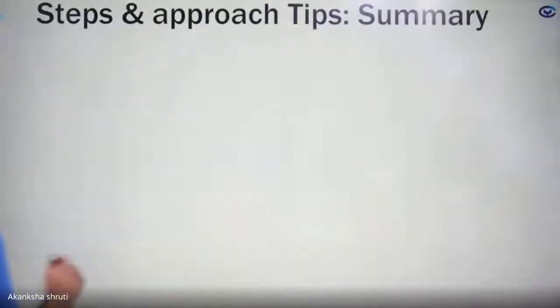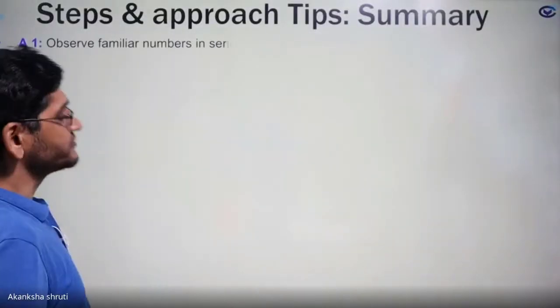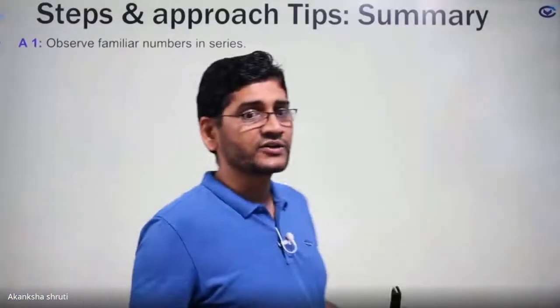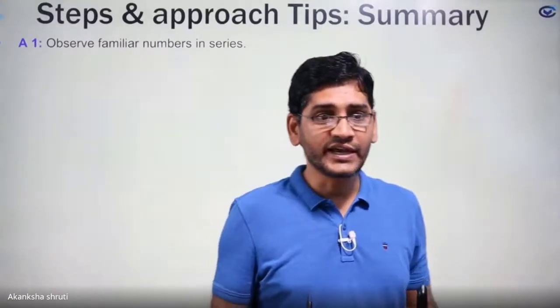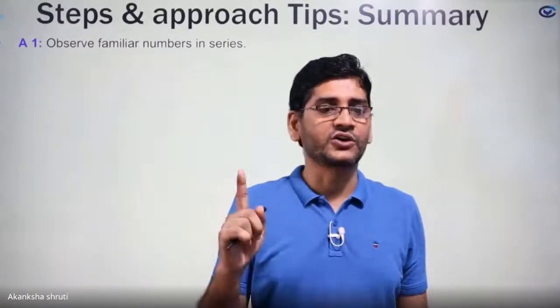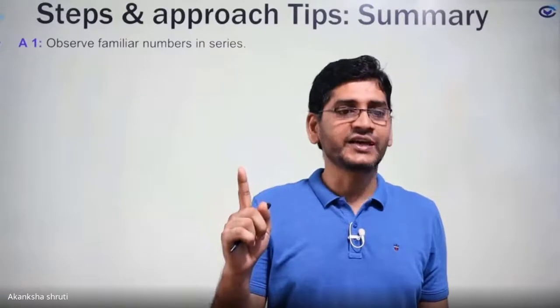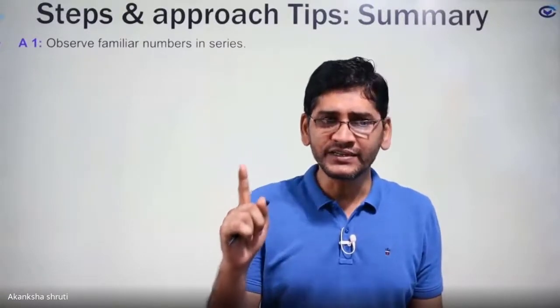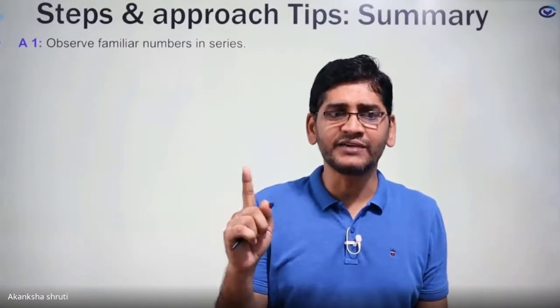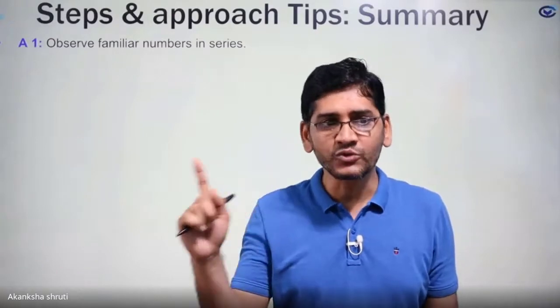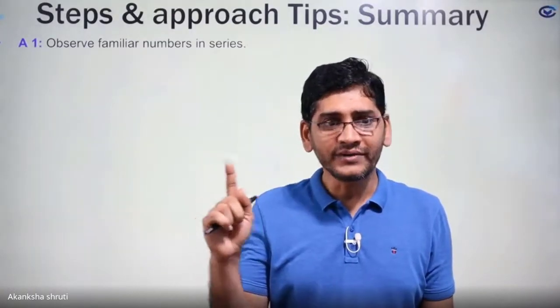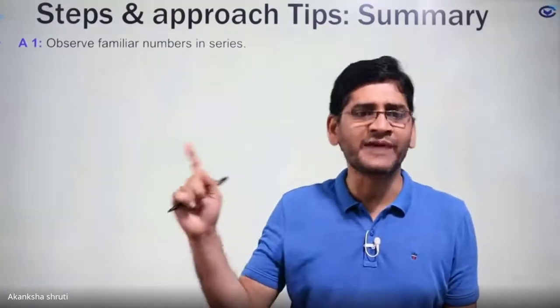Students, so everything we have summarized. So what is our final conclusion for this series? For a series, the very first thing, again recall, observe the series carefully, find whether the numbers of the series given are familiar to you or not, or whether the number is close to a familiar number.